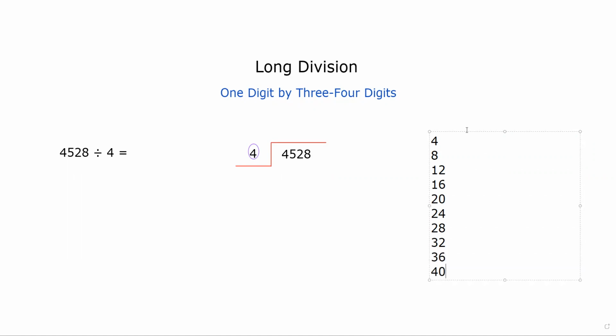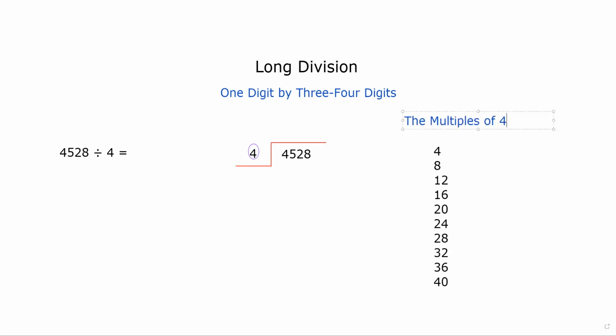Okay, the multiples of 4. So from here, what I'll do now is doing the same process. So I'll compare the first two numbers. Do we have 4 in table of 4? Yes. So it's the first number.